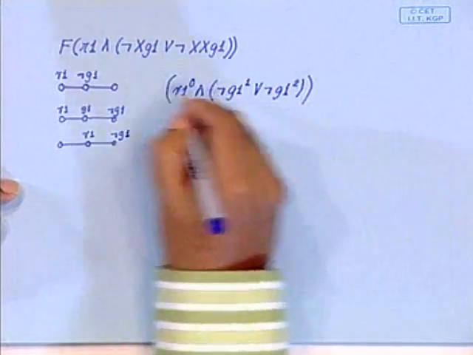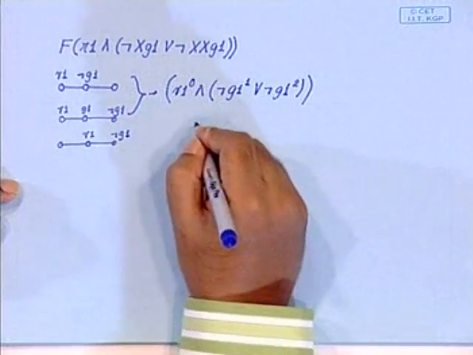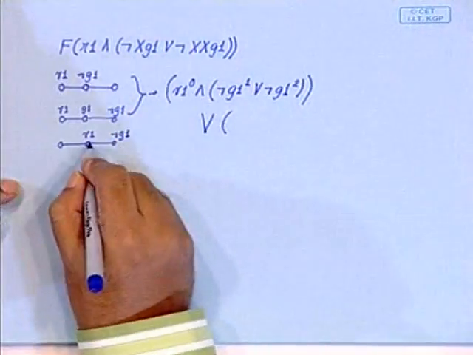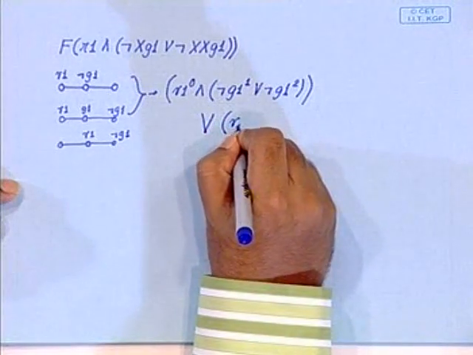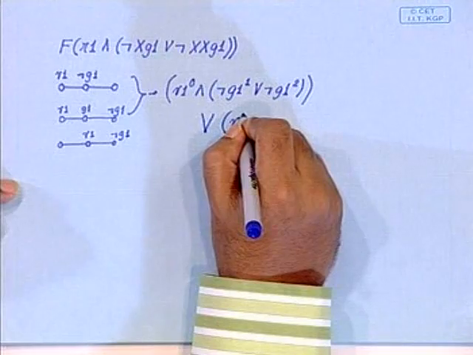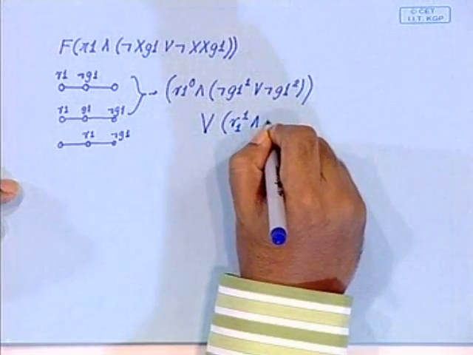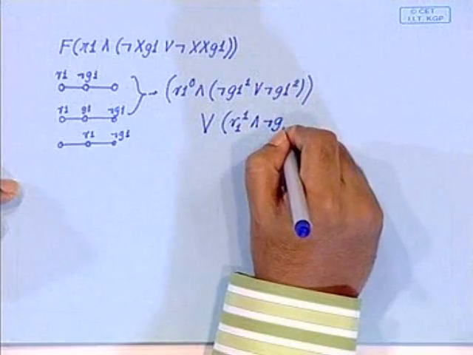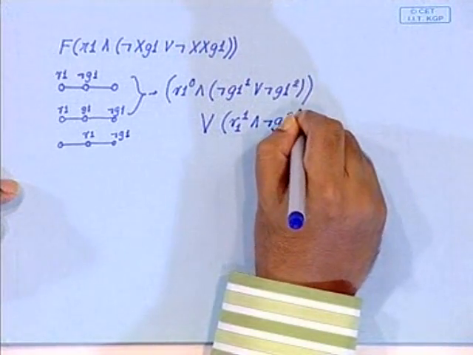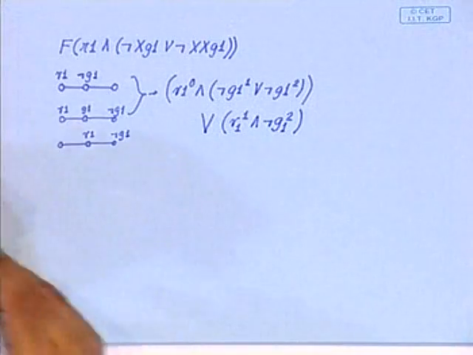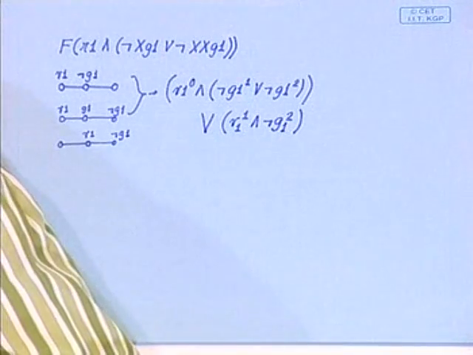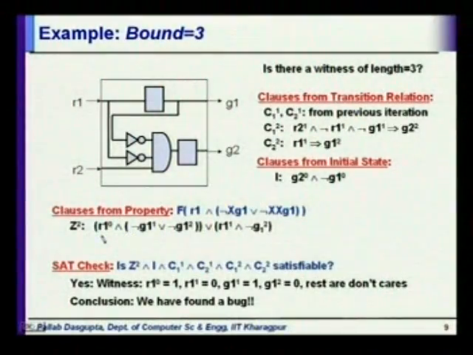This covers these two, or the other possibility is that R1 happens in time step 1 and not of G1 2. So this is the first one for R1 0 and this is the second one for R1 1, clear.